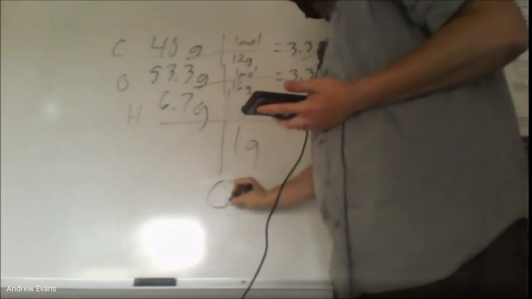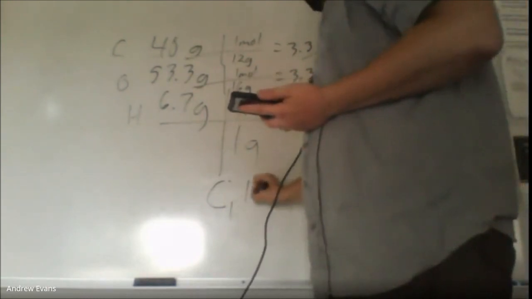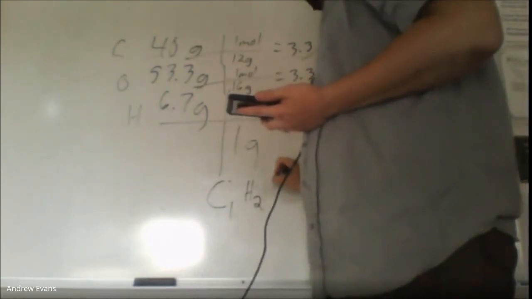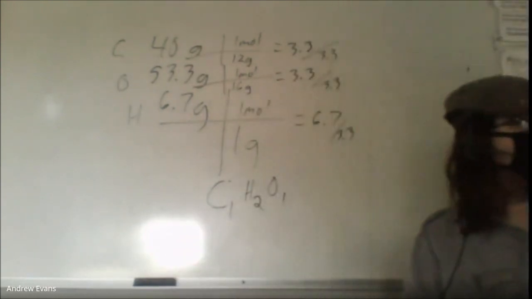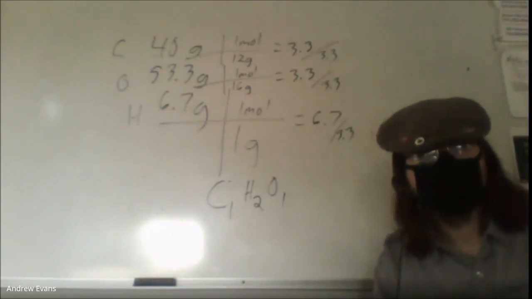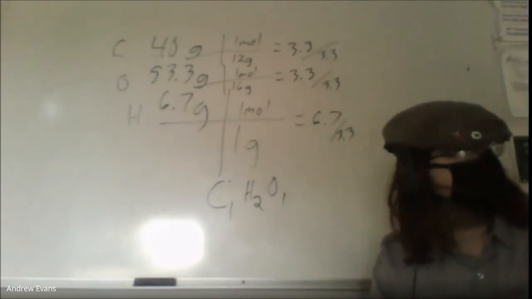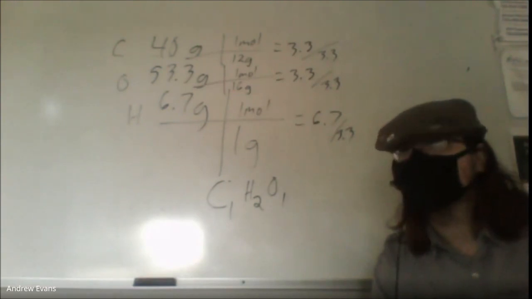What would I get? Carbon 1, hydrogen about 2, oxygen 1. Xylose has the same empirical formula as glucose and formaldehyde. It is one of the common 5-membered sugars.